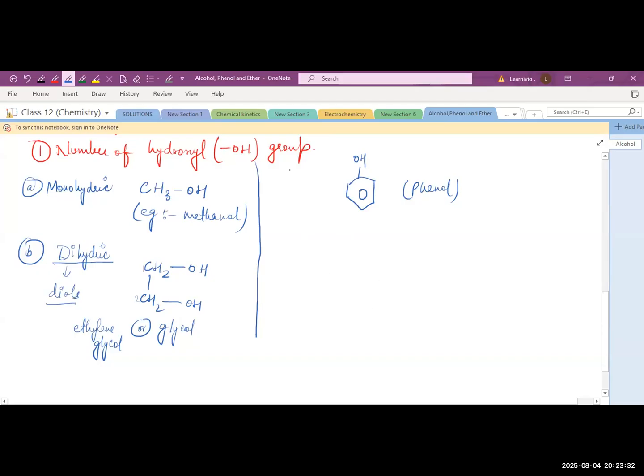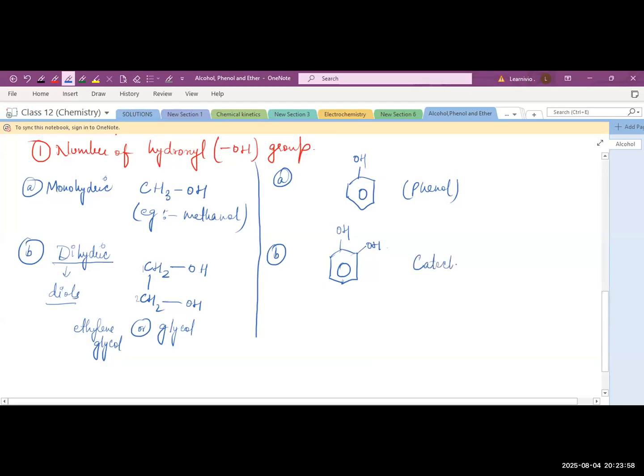So let's talk about dihydric phenol. Here the OH group is again, this is again an example of dihydric. Two OH groups are attached directly to the benzene ring. So this is again a dihydric type of phenol, and what do we commonly call it?